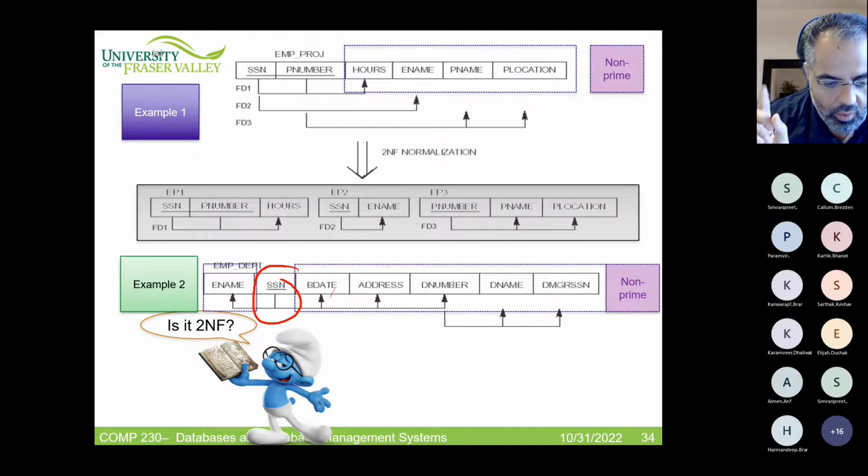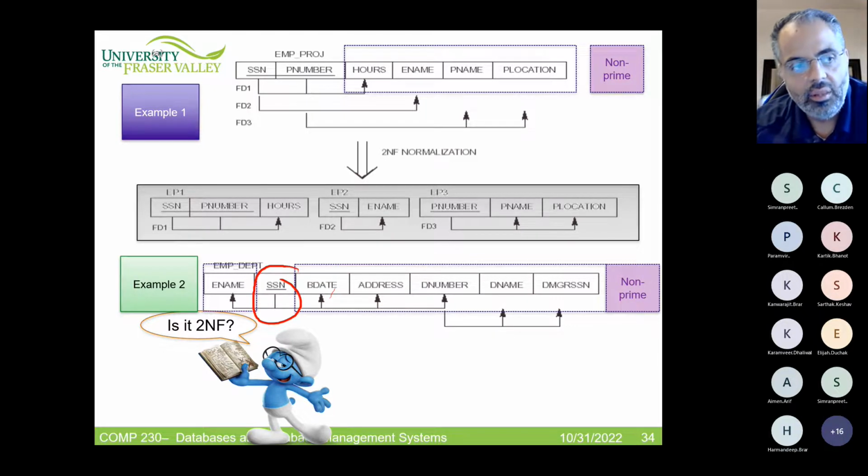Whenever the non-primary attributes depend on the primary key, they should depend on the whole primary key, not a part of it. This is why in the definition they use the word fully functional dependent, which means that a non-primary attribute cannot depend on a part of the primary key. They should depend on the whole primary key. This is the key point here.